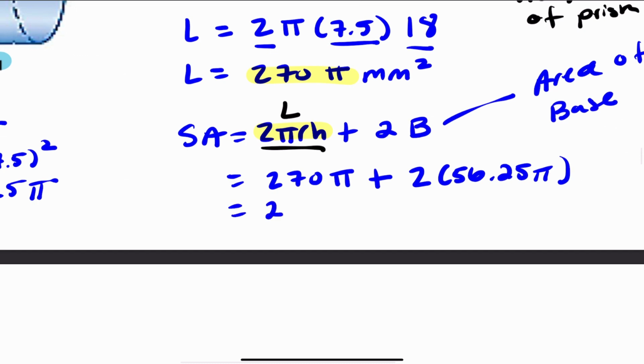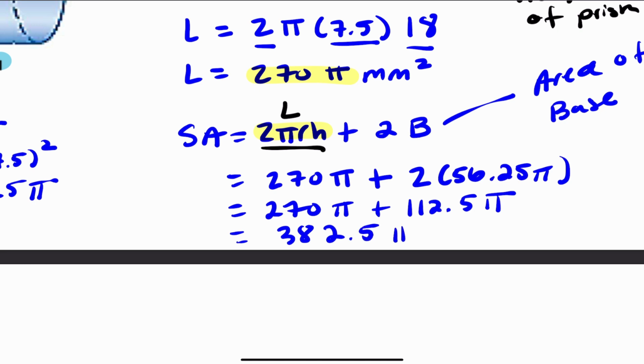And then let's go ahead and rewrite this. So it's 270 pi plus, what's 2 times this? That is 112.5 pi. So adding these two numbers together, I should get 382.5 pi square millimeters. So again, I square the unit because I'm dealing with area.